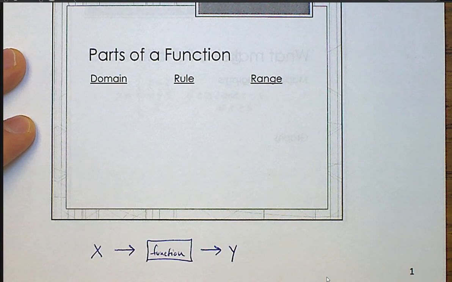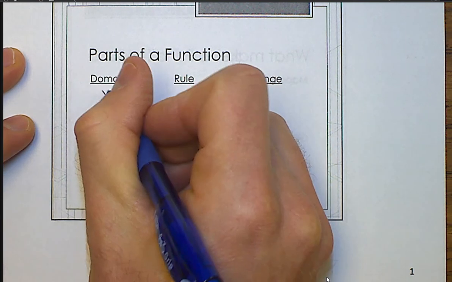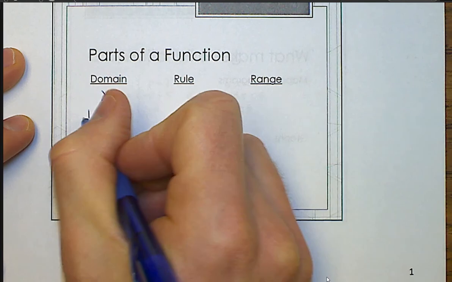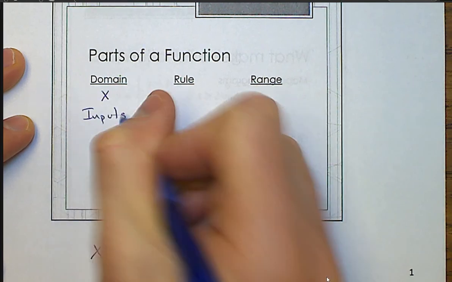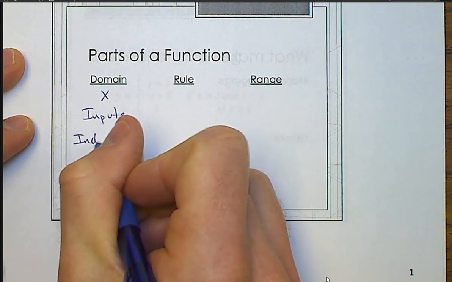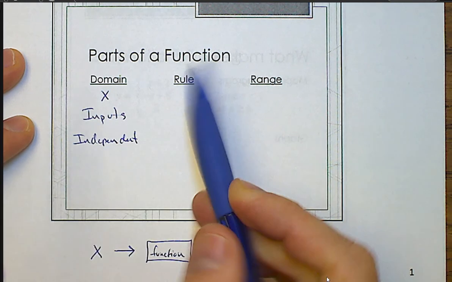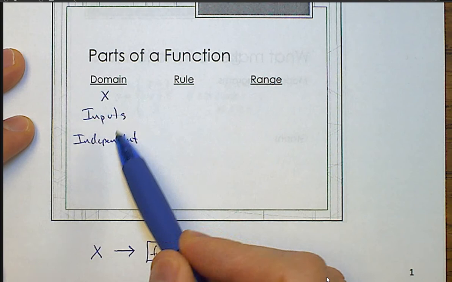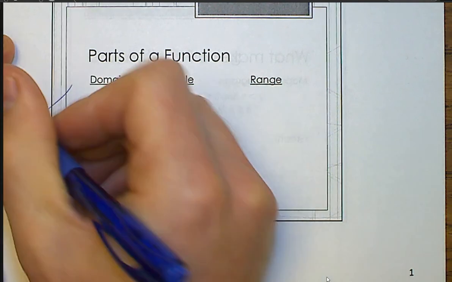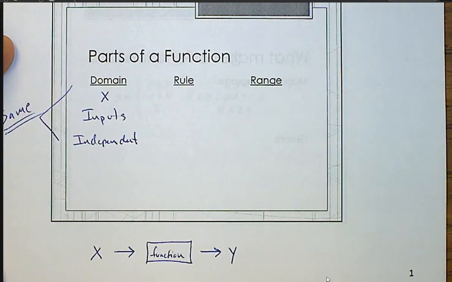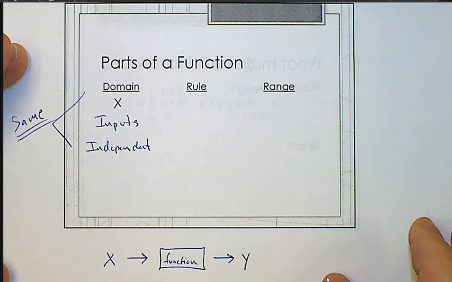But let's talk about it. Domain. Domain is your x values. Domains are your inputs. Domains are your independent values. Okay? All four of these, domain, x, inputs, independent, they all mean the same thing. So it's four different ways to identify your x values. Okay?